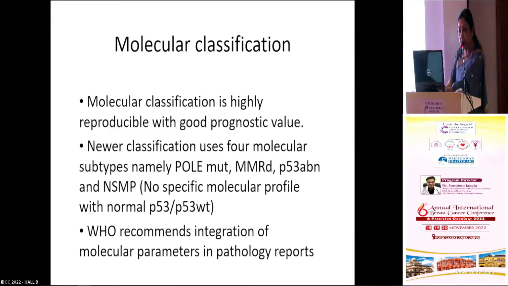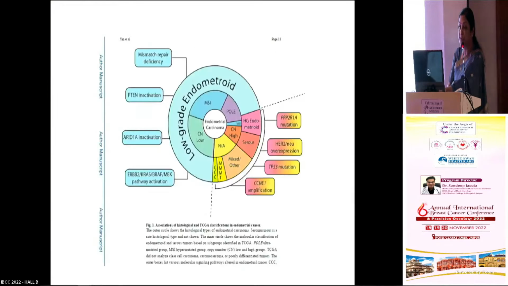It is highly reproducible and with good prognostic value. And this uses basically 4 molecular subtypes, namely Pol mutant, MMR deficient, P53 aberrant, and NSMP, which is no specific molecular profile with normal or wild type P53. And WHO recommends integration of molecular parameters in all pathology reports now.